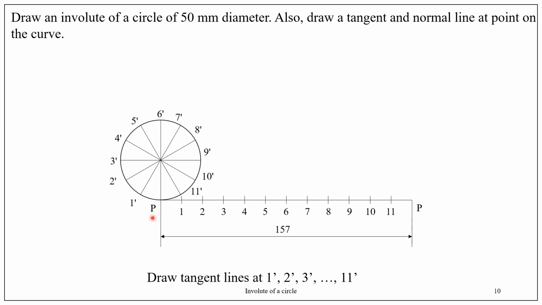If we unwind the string through 30 degrees, keeping the string straight, point P will acquire a new position on a tangential line through point 1 dash. So the string is unwound, keeping it straight.